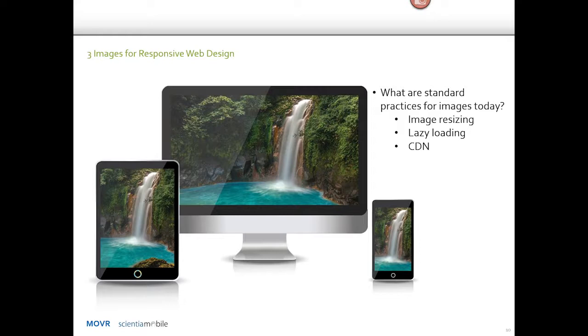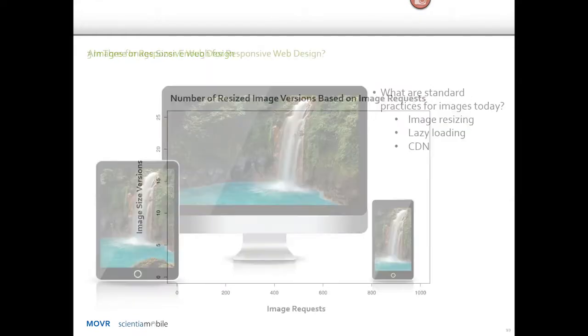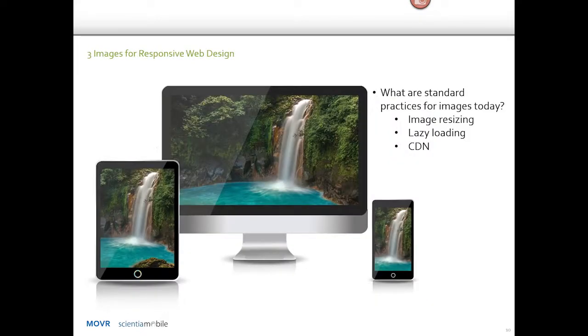One is they'll resize for each form factor, the desktop, the tablet, and the smartphone. They'll use a technique called lazy loading, and in some cases they'll deliver things via a CDN, which pushes the images further out in the network to the edge of the network for quicker response time.